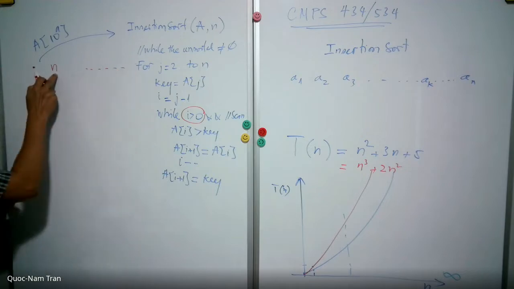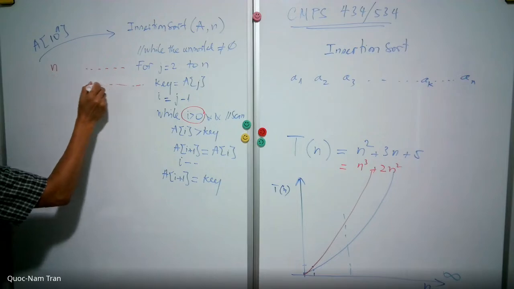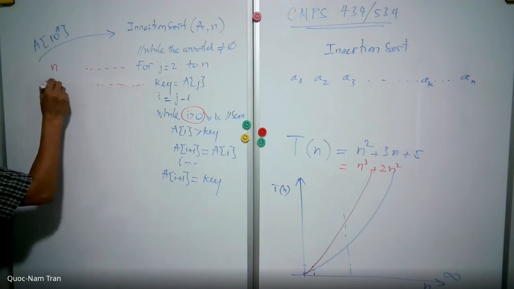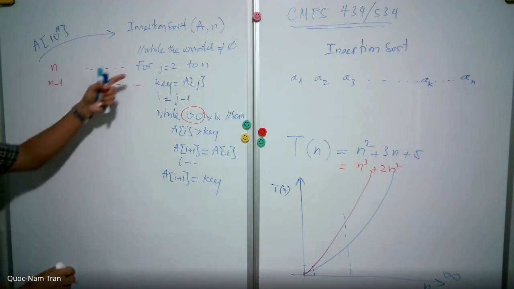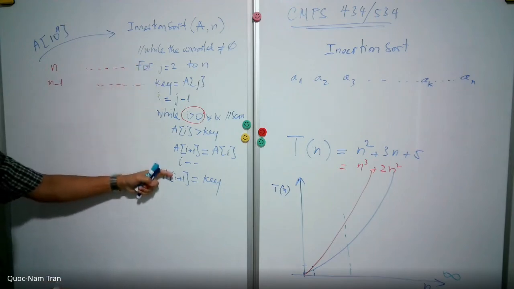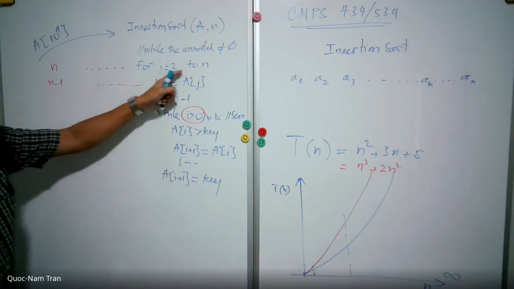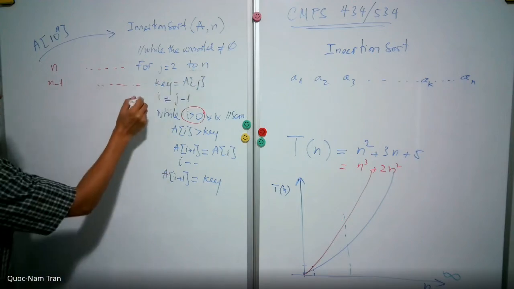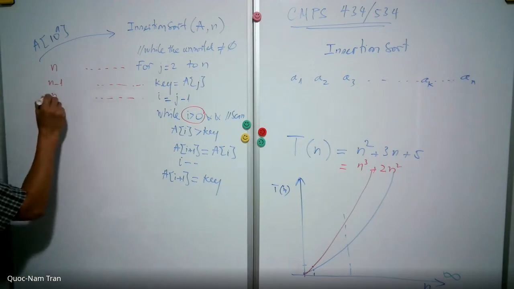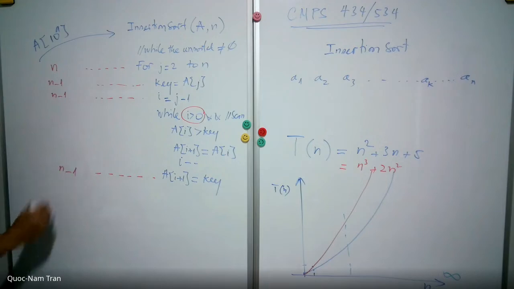That's why we have n here. For this statement, we already know it is n minus 1, okay? Because it comes into this inner loop n minus 1 times for j from 2 to n, right? So same thing here, n minus 1, same thing here, n minus 1.